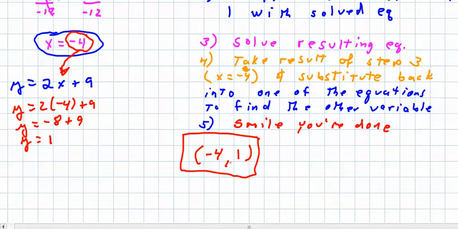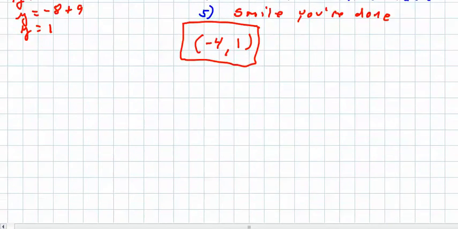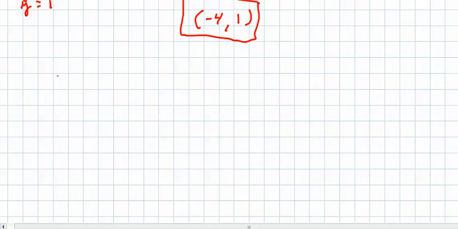All right, let's do one more equation. This one will be a little bit simpler. y is equal to negative 7, and 5x minus 7y is equal to 9.